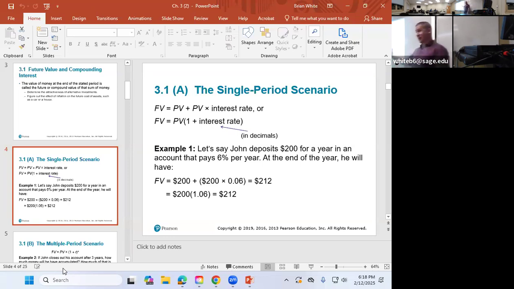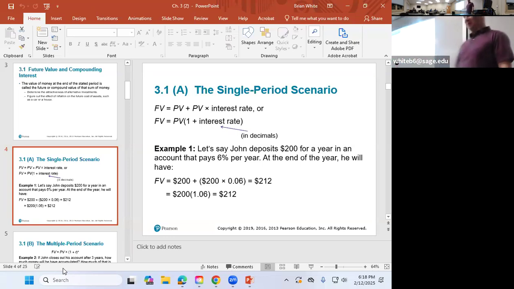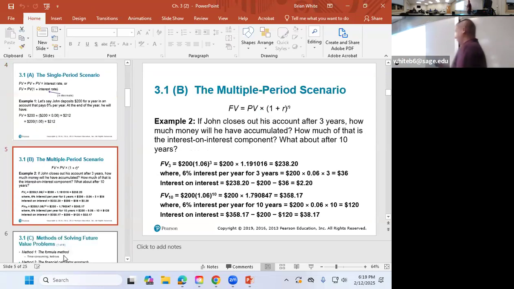You will see this question pop up on a midterm and final, I promise you. And you will have answers that will be a little confusing. Single period, one time, I promise you. After that 1 year, 212 bucks, still 212 bucks, right? Doesn't grow. Not our friend. Our friend is here. This is what we want.